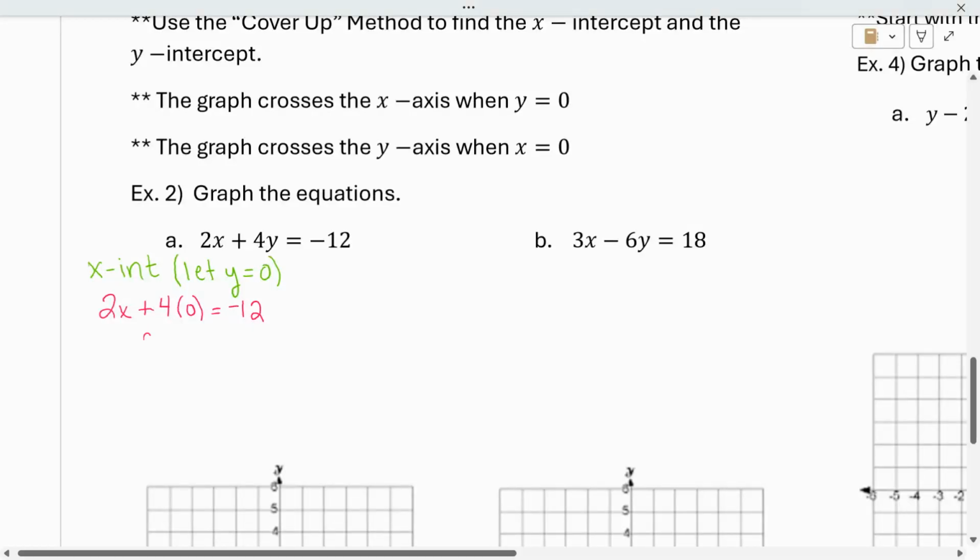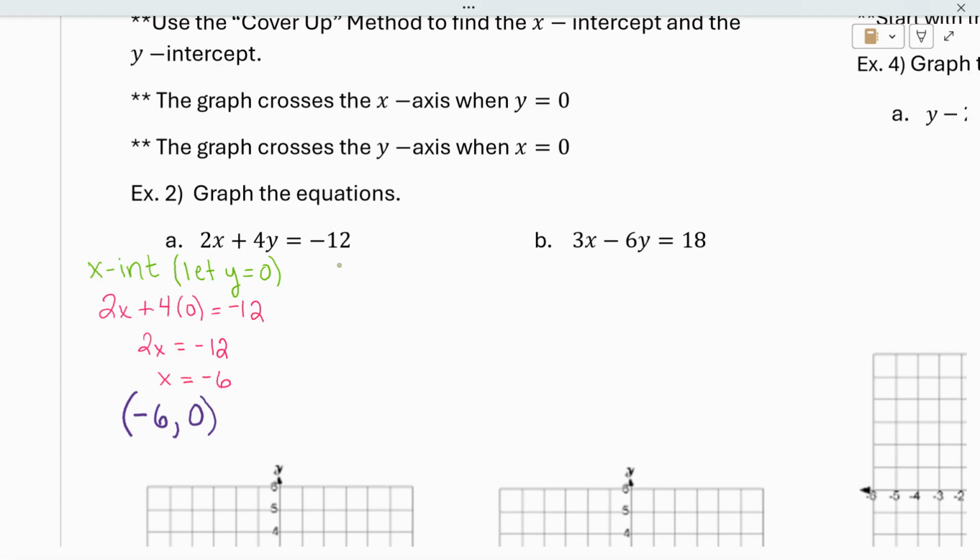So I really just have 2x equals negative 12, which means x equals what? Negative 6. X equals negative 6. So this is the ordered pair negative 6, comma, what did we let y equal? 0. That's our first ordered pair that we can graph.